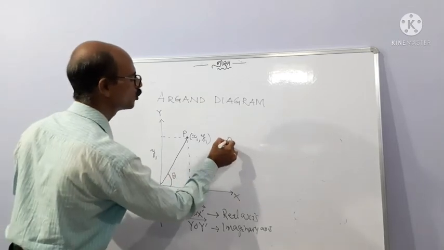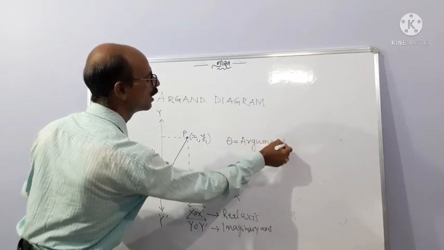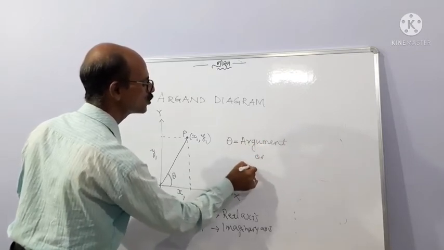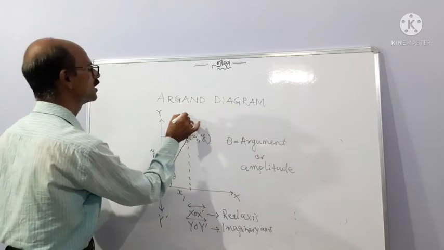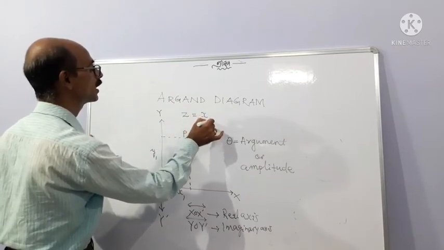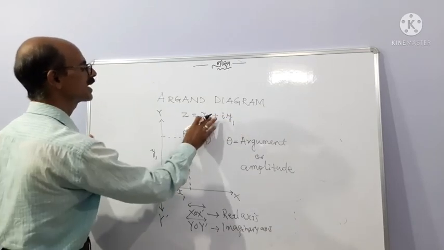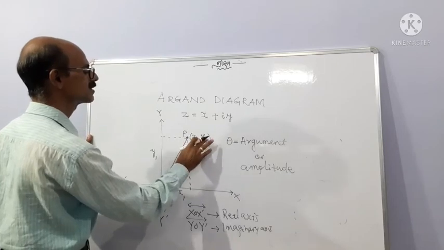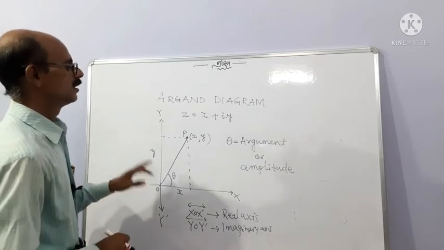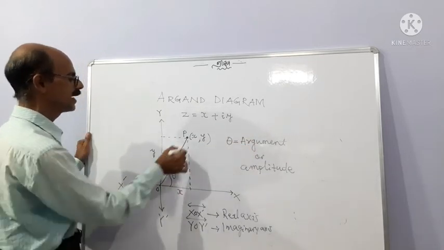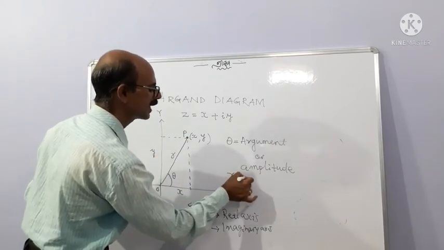This theta is called argument, or it is also named amplitude, the argument of the complex number. Suppose here the complex number is z is equal to x1 plus i y1, or let us write x plus iy, then it will be (x, y). Theta is called argument or amplitude, and this OP, this is r, this r is called the magnitude of z.